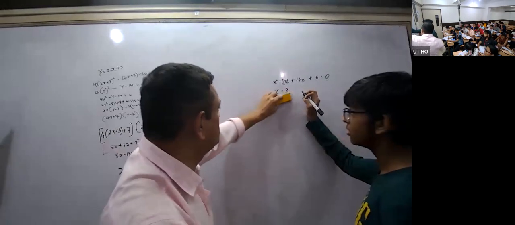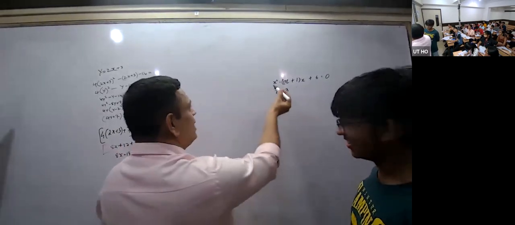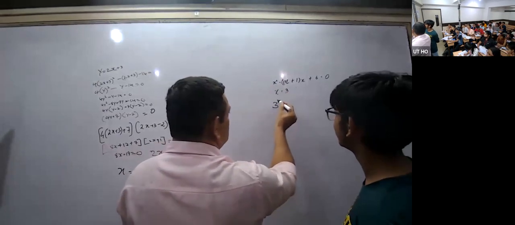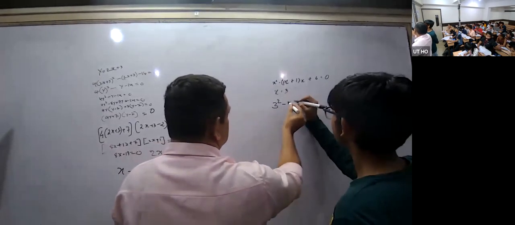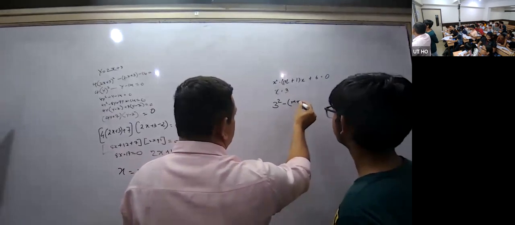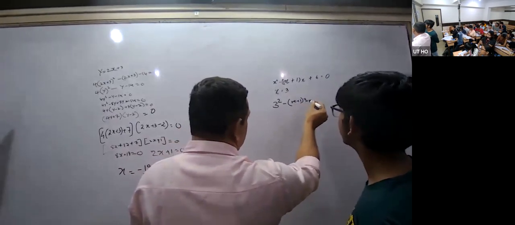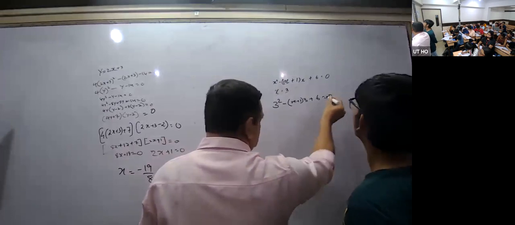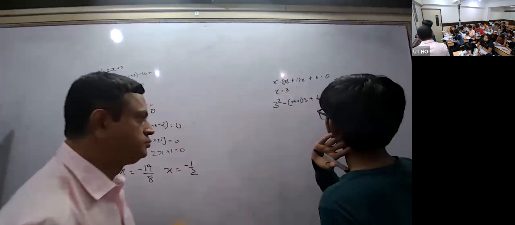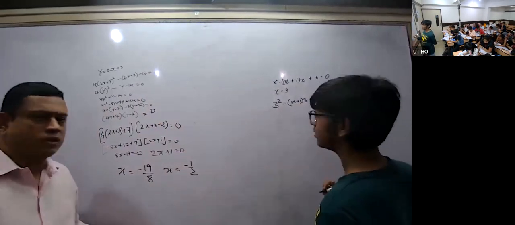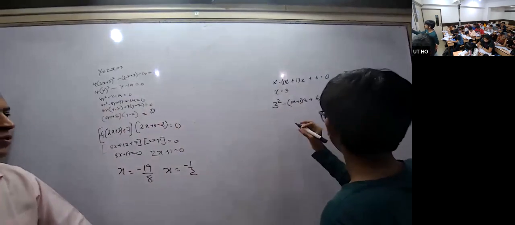X equal to 3. This will be replaced as what? 3 square minus (m plus 1) times 3 plus 6. Have you followed? Solve it now. Simplify. What is 3 square?